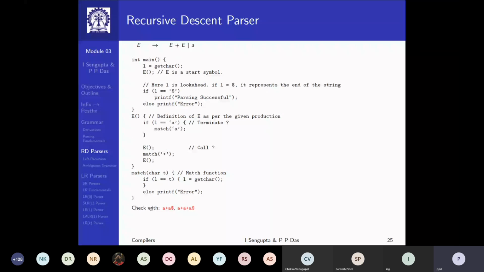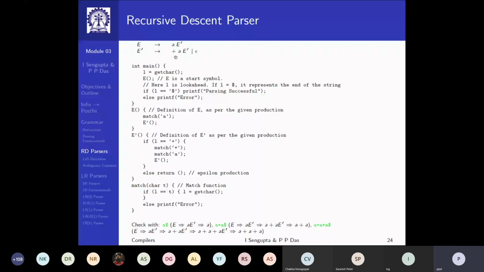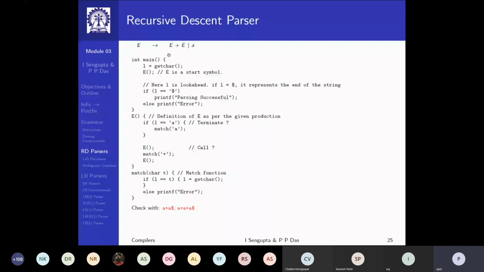Now, if it does produce that, then our question would be that, well, whatever this grammar produces, I can have a much simpler grammar which does the same thing, because all that I'm saying is an expression is either A, an identifier A, or it is an addition of two expressions.